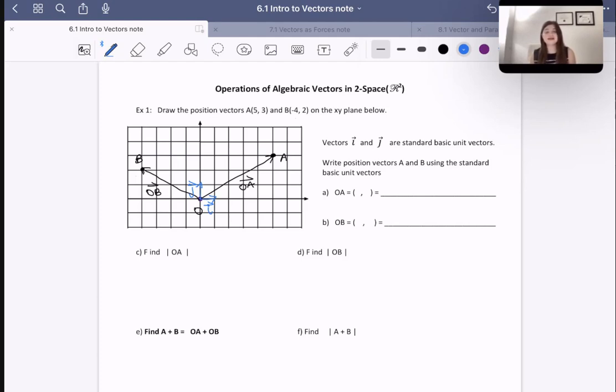Now, let's say we wanted to go left or down, we would just use the negatives of these vectors. So if I see negative 5i, that means we went left 5, or negative 3j means we went down 3.